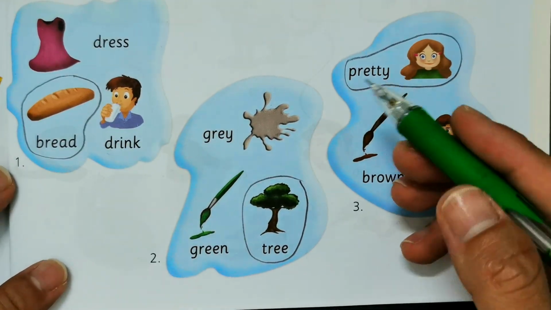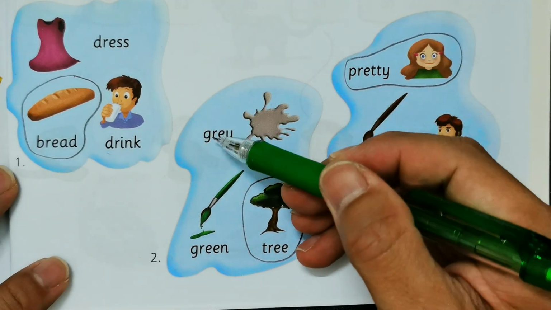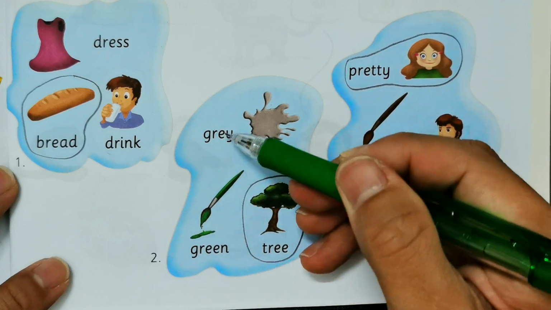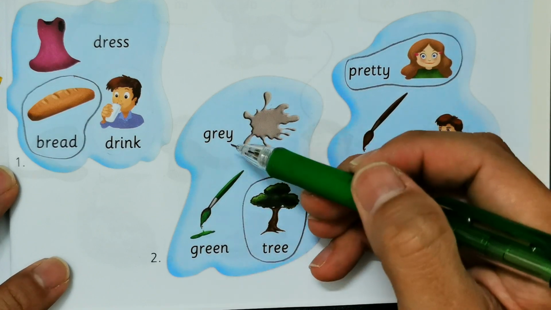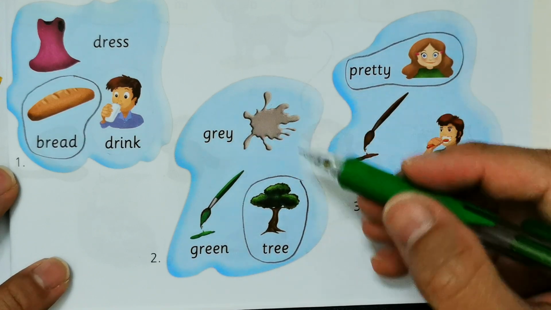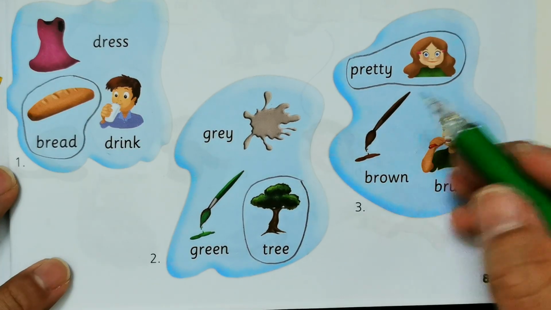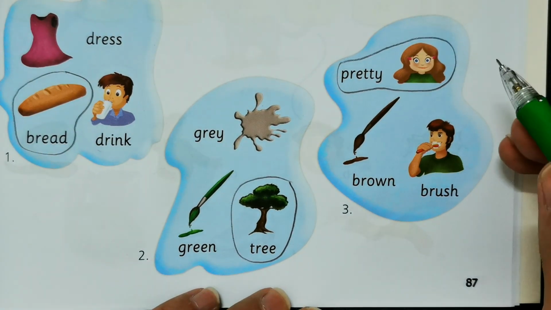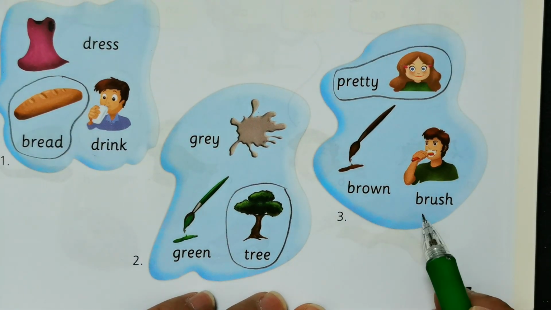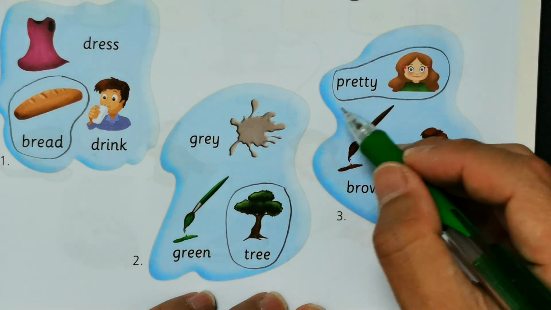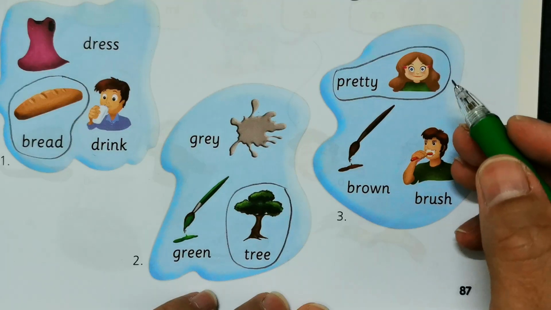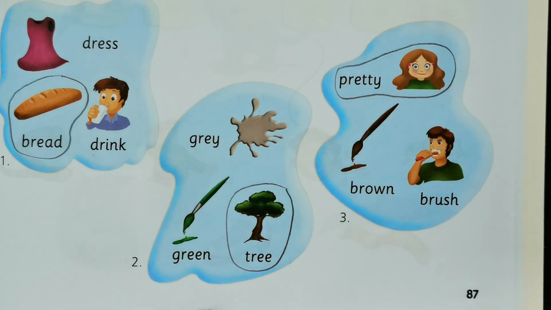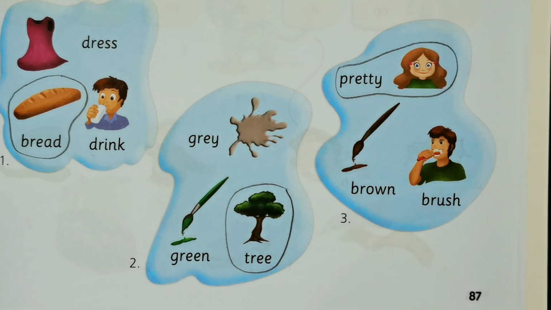For question number 2, we have GR here, so they are in the same group. So I circle these 3 here. And then we have this one, BR, which belongs to a different group. So this is the one that I need to circle. So pretty. That's it for this page.